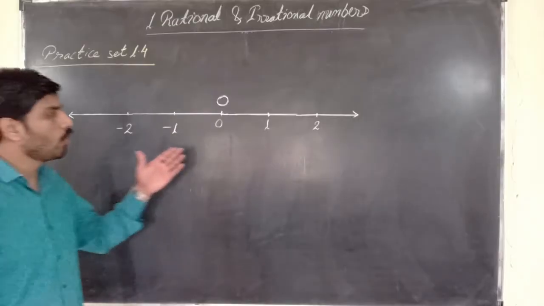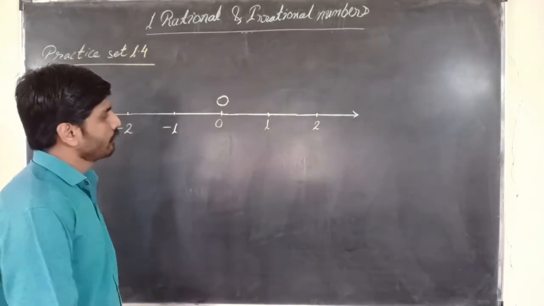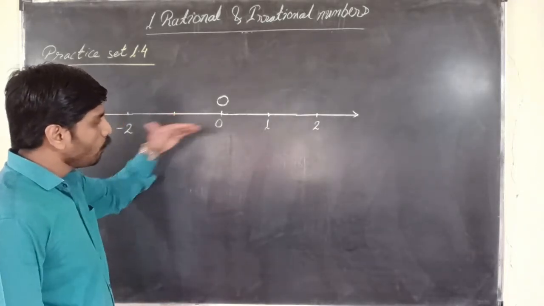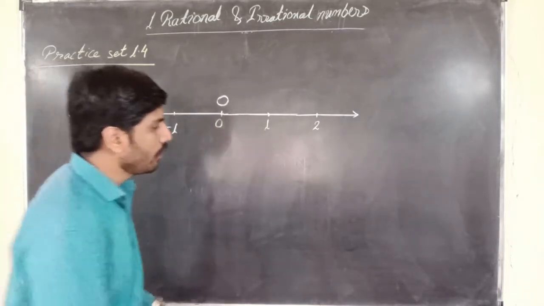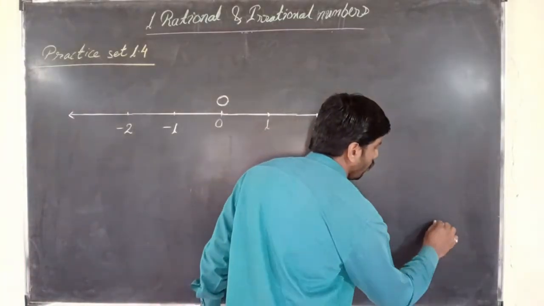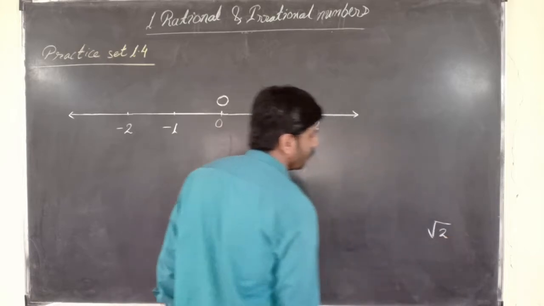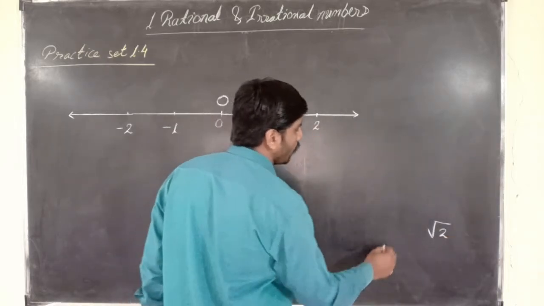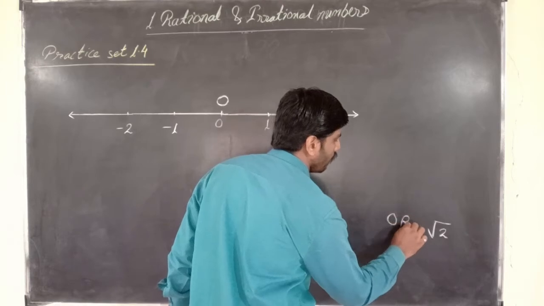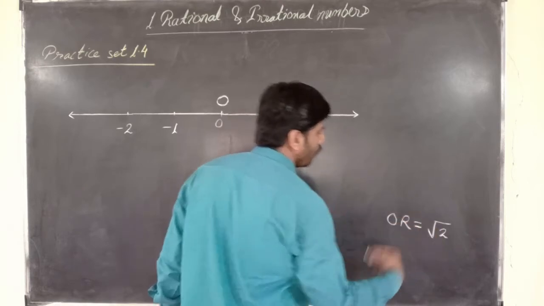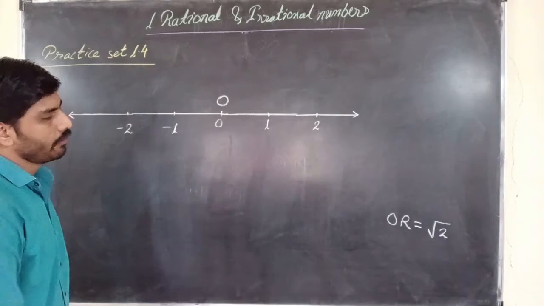Now we will try to show square root of 2 on real numbers line. So to show square root of 2, that means we need a hypotenuse of length square root of 2. We will try to think this in reverse order. Suppose that hypotenuse is having side OR.